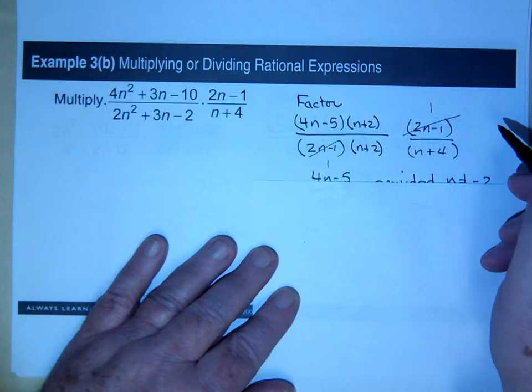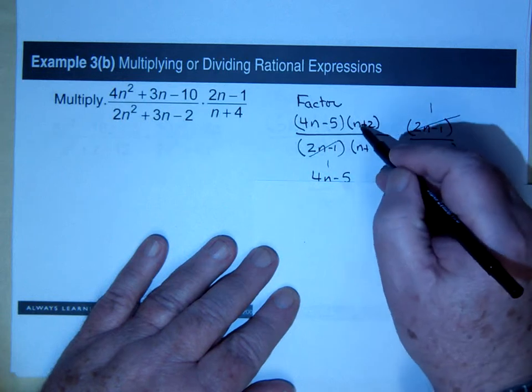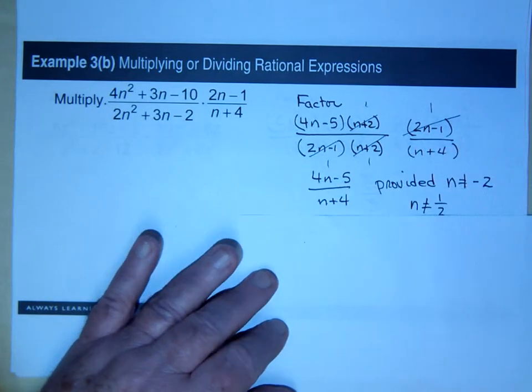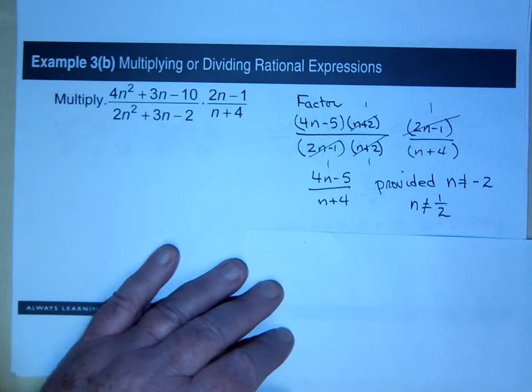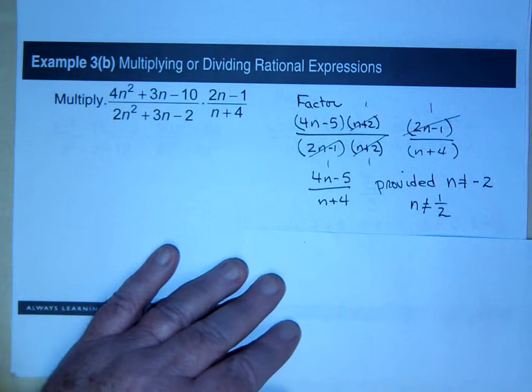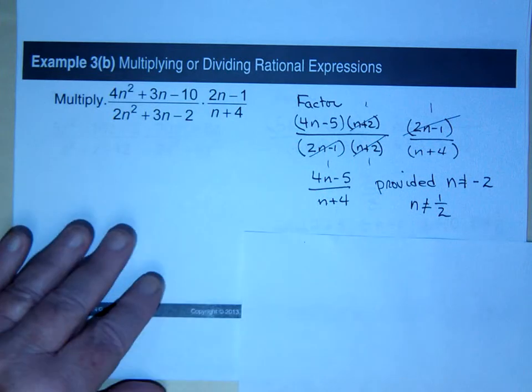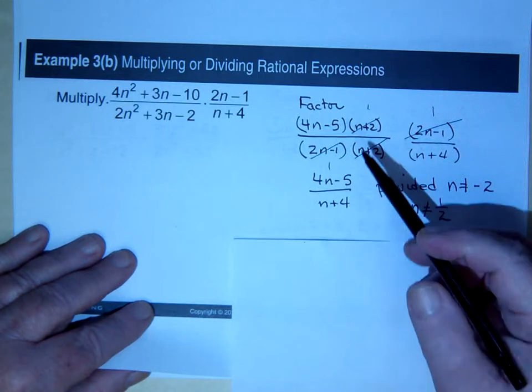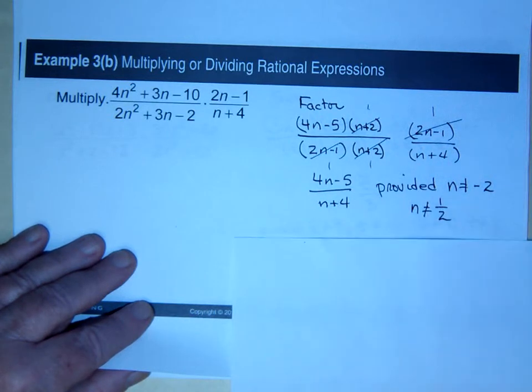I also have n plus 2 over n plus 2. Having canceled all those, I'm going to get 4n minus 5 all over n plus 4, provided you don't have a 0 in the denominator for any of those things that you canceled.